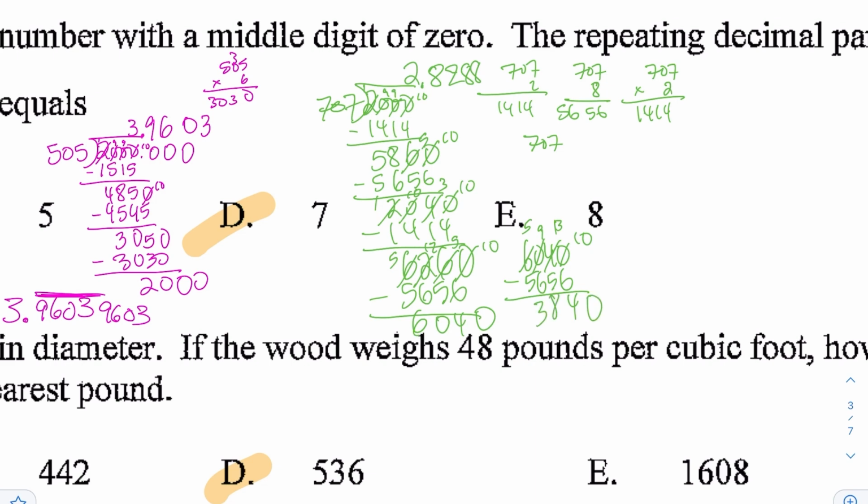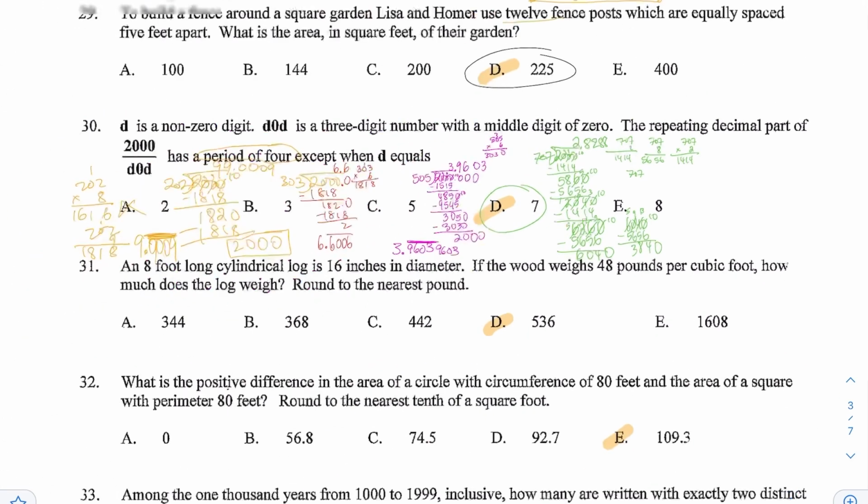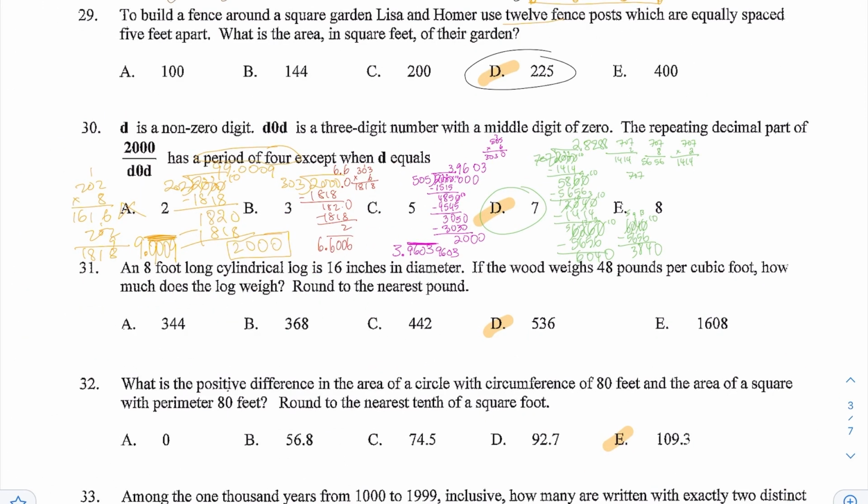You don't have a repeating decimal at all. So this would be the answer, choice D. So you have to do long division and then just keep dividing. So it'll be 2.8288, and it'll be like 5, 4 something something. So it doesn't repeat, so that's why it's the answer.